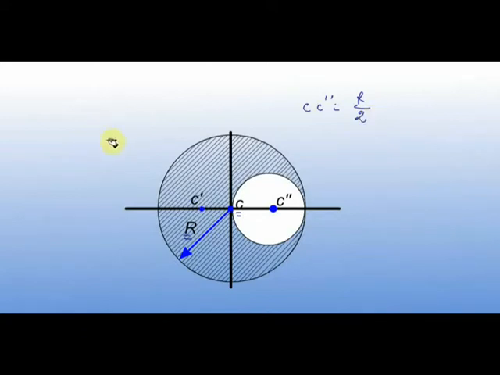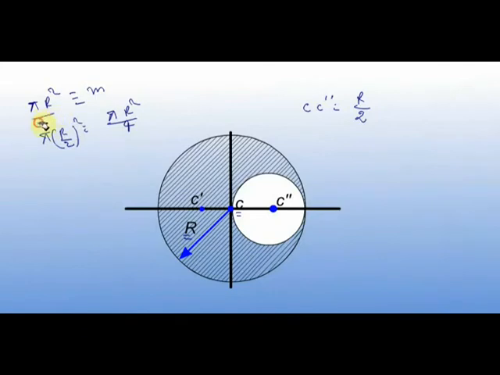So to find this, first let's find out the mass of the shaded region. Since the area of the entire circle is pi r square and the mass of this entire disk was m, now a hole has been punched off, so the area of this hole would be pi into r by 2 whole square, that is pi r square by 4.